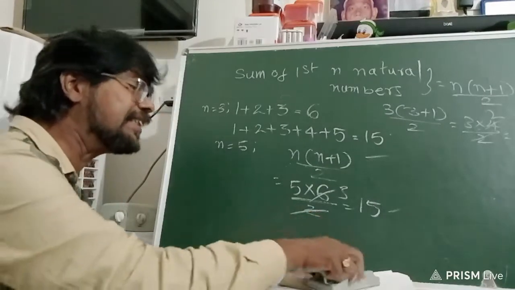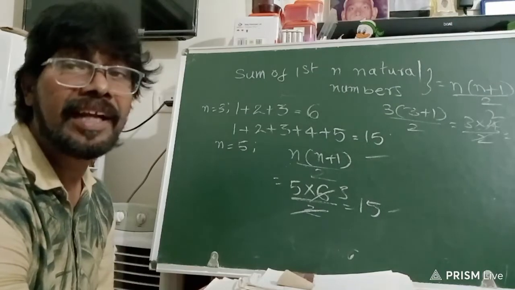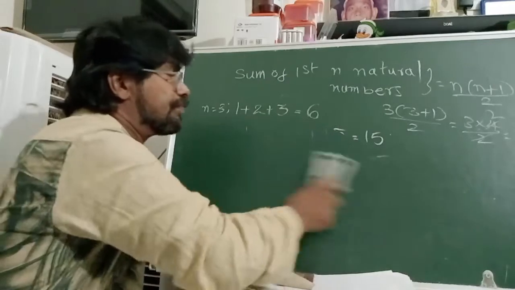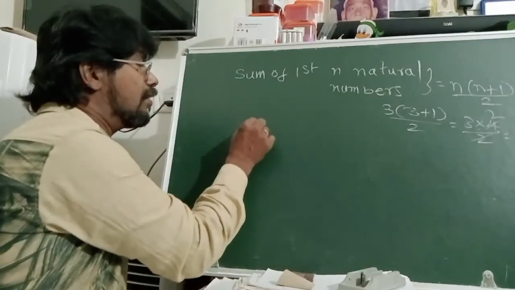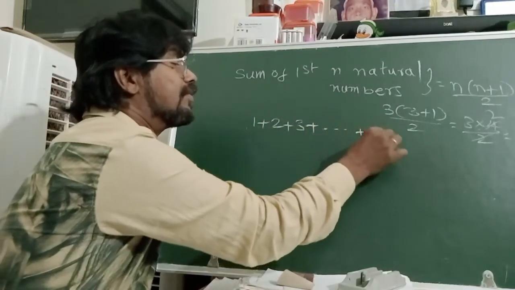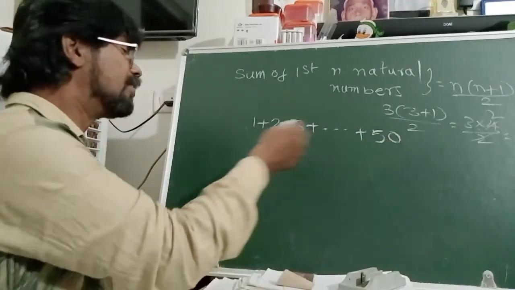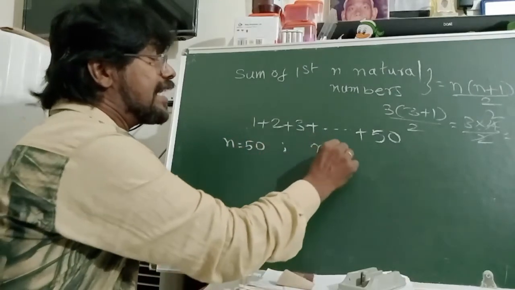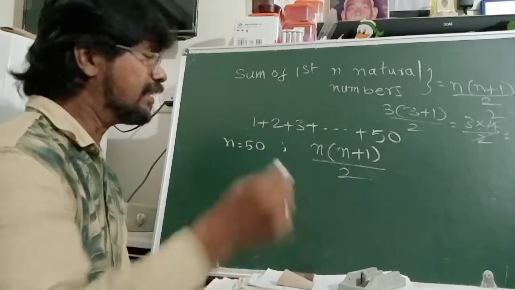So we can do the sum of the first n natural numbers very easily by using this formula. We will go for another example: 1 plus 2 plus 3 plus, so on, up to 50. Here n is equal to 50. Formula n into n plus 1 by 2, where n is the natural number.